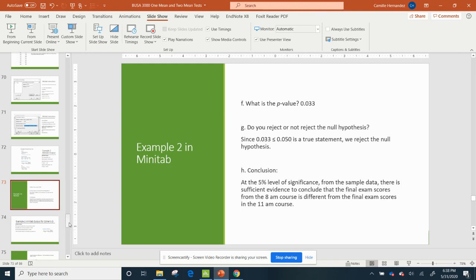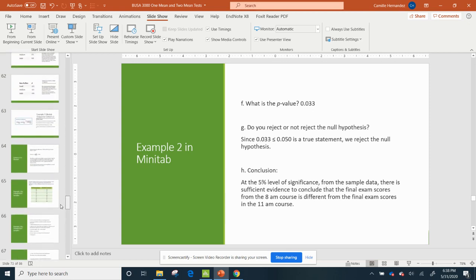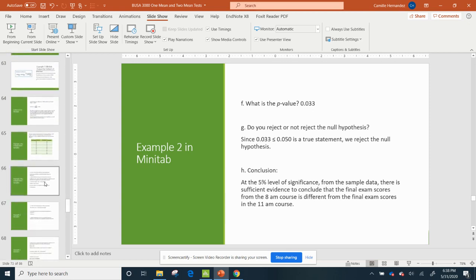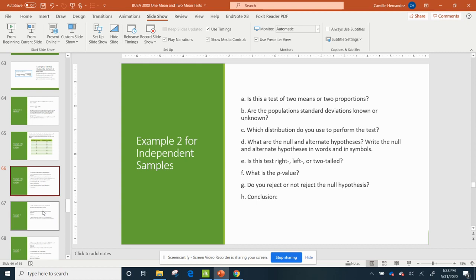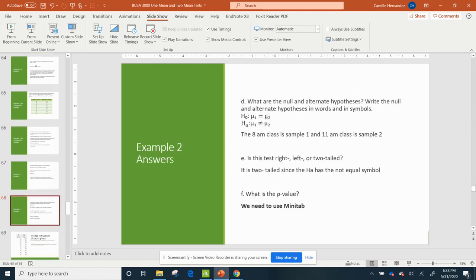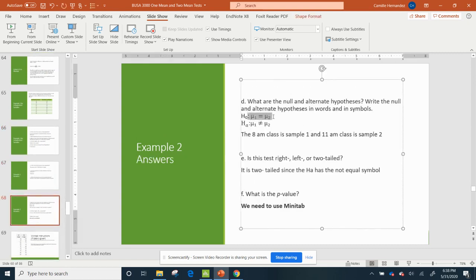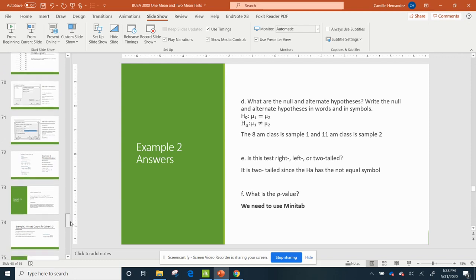So let's go back up again. If I'm rejecting my null hypothesis, if I'm saying that's not true, then I'm saying this one is true and there is a difference, okay? So I'm going to take this with me just so you can see what I'm doing.